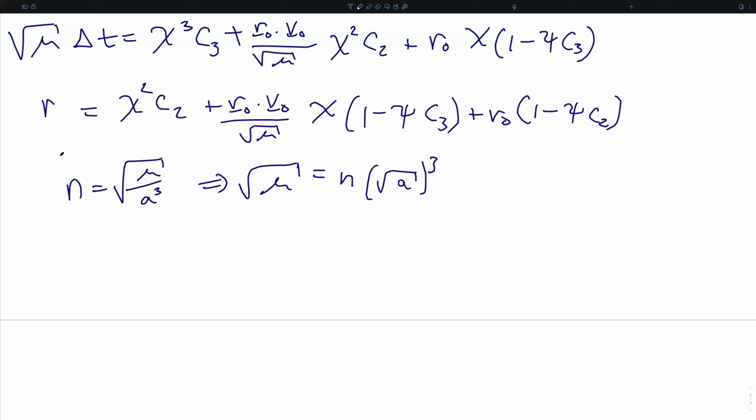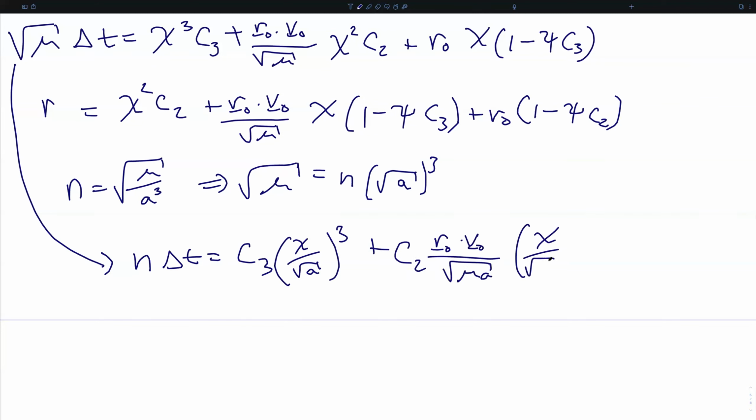And therefore, this first expression can be written as n delta t is equal to C3 times chi over root a quantity cubed plus C2 times r naught dotted into v naught over root mu a times chi over root a quantity squared plus r naught over a times chi over root a times 1 minus psi C3.